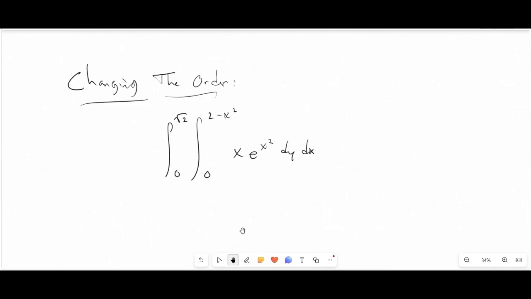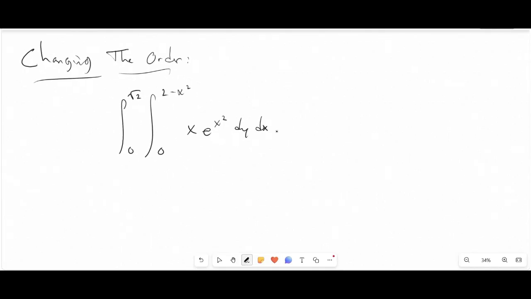And you were told, change the order of integration and evaluate.